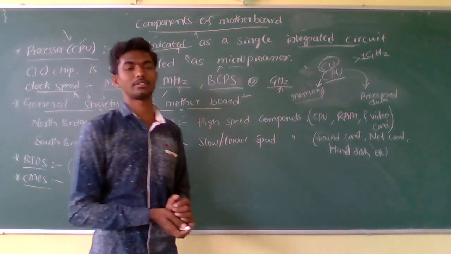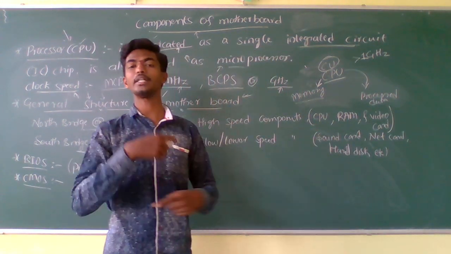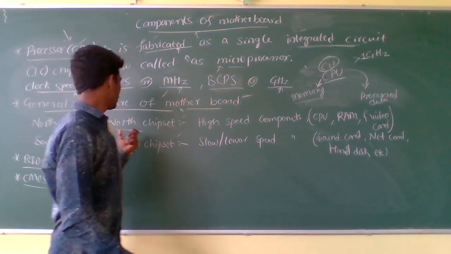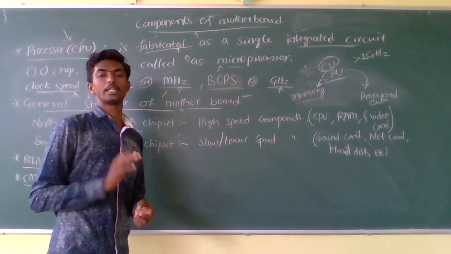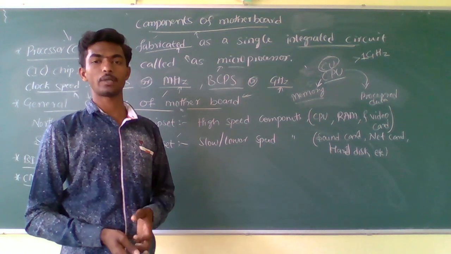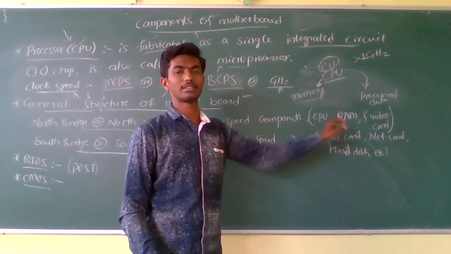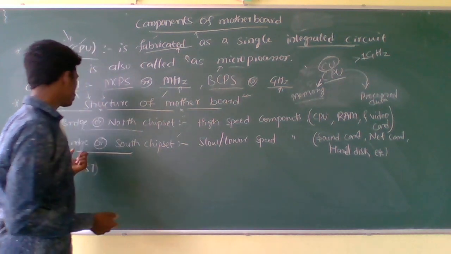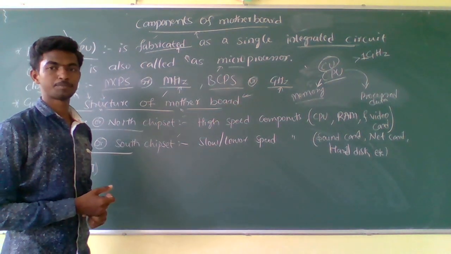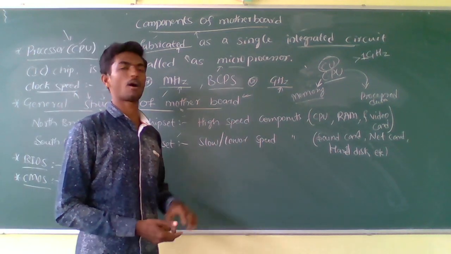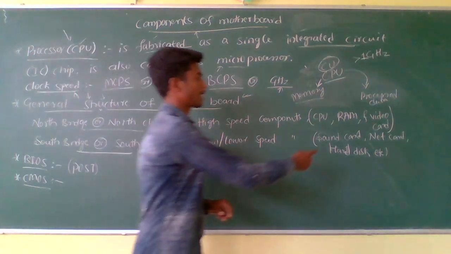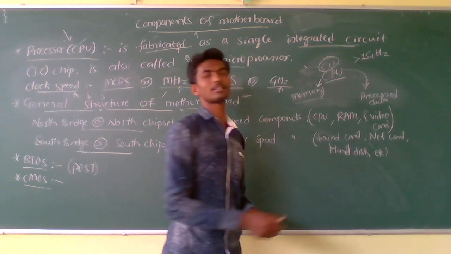These are just examples of high speed electrical components. The north bridge deals only with high speed electrical components like these three. The south bridge or south chipset works with slower or lower speed electrical components like the sound card, net card, hard disk, etc.